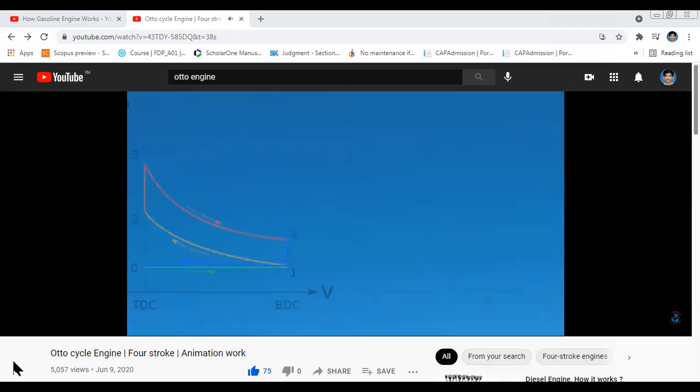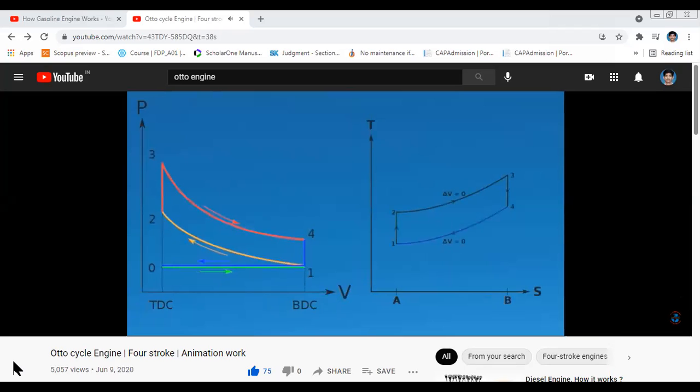The idealized diagrams of a four-stroke Otto cycle. The intake, A, stroke is performed by an isobaric expansion, followed by an adiabatic compression, B, stroke. Through the combustion of fuel, heat is added in a constant volume, isochoric process, followed by an adiabatic expansion process, power, C, stroke.